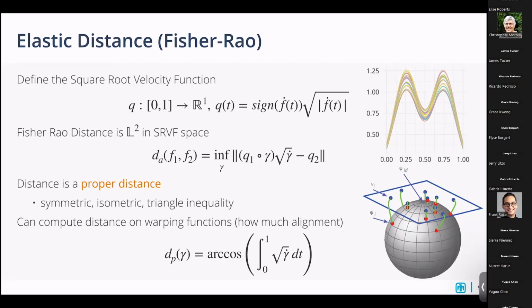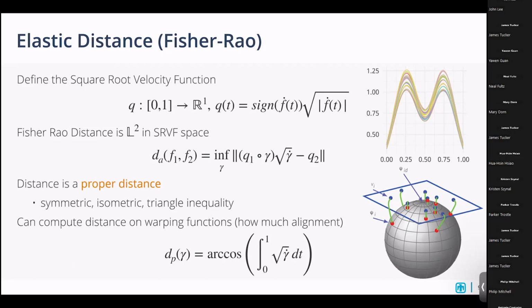Now, Q1 composed with gamma times square root gamma dot is just that time composition operator taken through the transform above. This is a proper distance. If you have questions about this, I can provide proofs, but it can easily be shown that this is a proper distance, so it's symmetric, isometric, and obeys the triangle inequality.